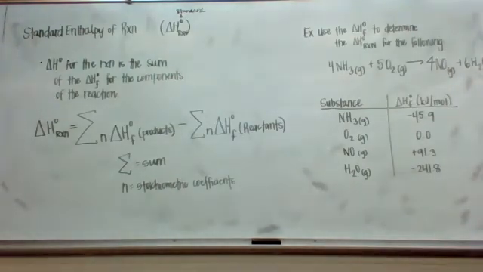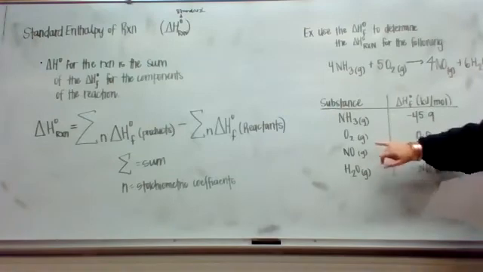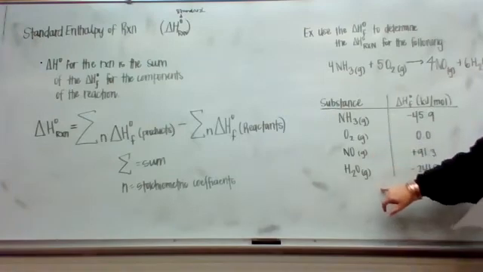Right, so in this example, they pulled all the thermochemical data for you. If they had not, you could have easily looked in Appendix 2B in your textbook and found all of these numbers. The main thing you want to make sure of, when you go to get these numbers, is that you pay attention to what state your substance is in.